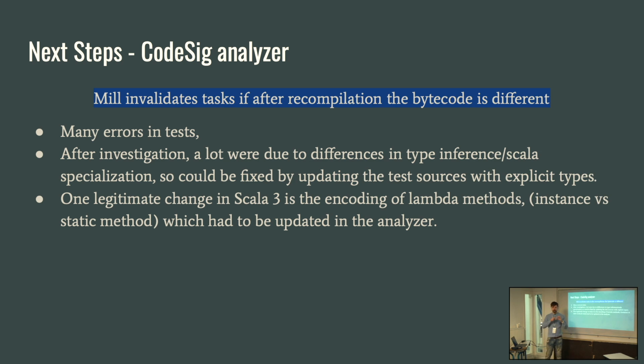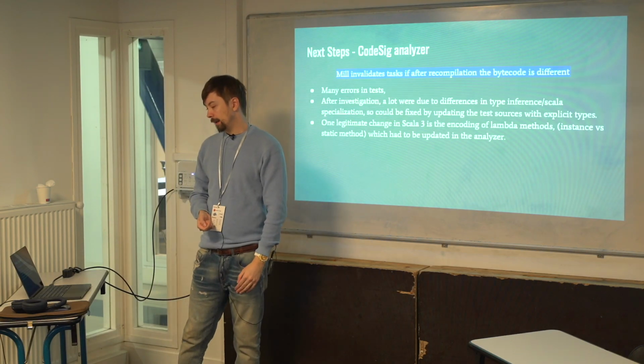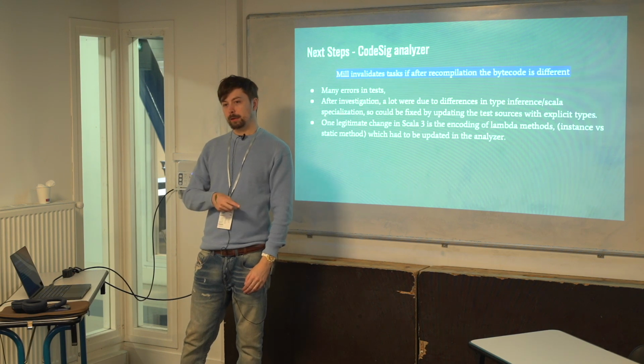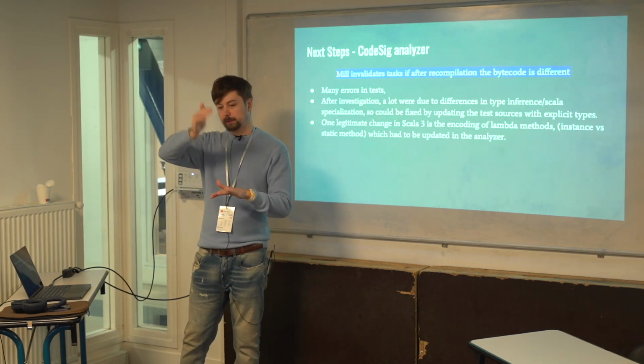But if we only cache the result, then all those side effects basically disappear. So we need a way to analyze that when you change these side effects in the body of a task, we actually run the task again. And the only way to do that is to look at the class file and the bytecode and say, did it change?